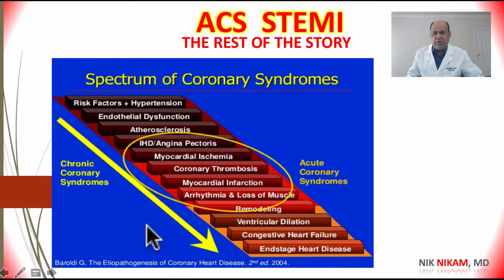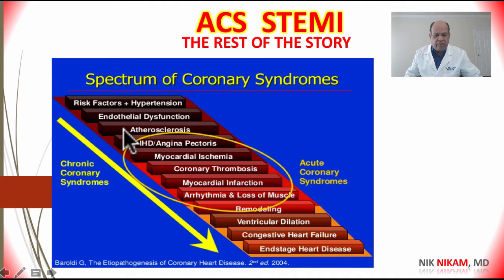The coronary artery syndrome is a spectrum which ranges over 5 to 6 decades. Initially, with hypertension or hyperlipidemia, they may have no symptoms whatsoever except for the risk factors. To that, if you add smoking and diabetes, the risk tremendously goes up.